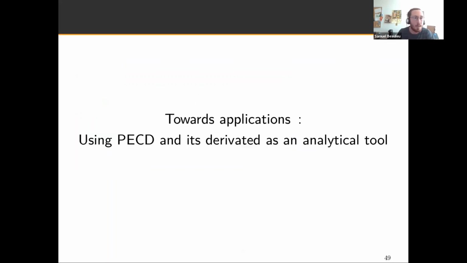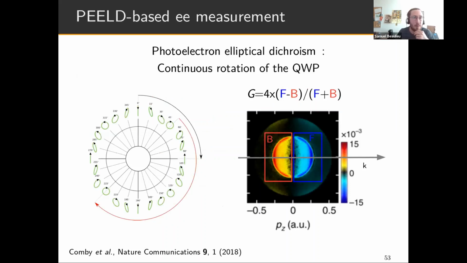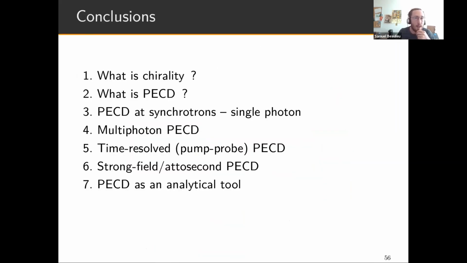I had a few slides concerning application of PECD to measure enantiomeric excess, but I will skip them since I'm out of time. But hopefully we can discuss this in the roundtable session in the afternoon. And so, in conclusion, I hope that I convinced you that photoelectron circular dichroism is an interesting phenomenon, and that now, using the strong field physics toolbox, we can learn a lot about chiral photoionization.